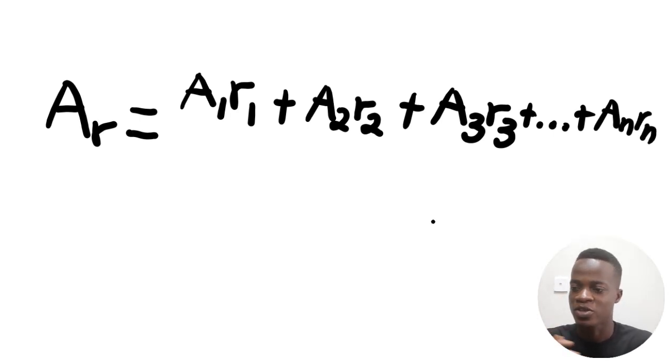So you take each isotope, the atomic mass times the relative abundance of that particular isotope inside the sample, and you do that for all of them.